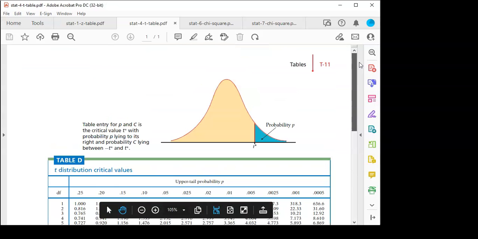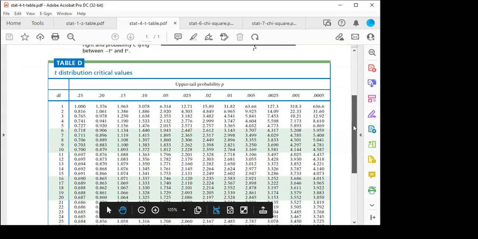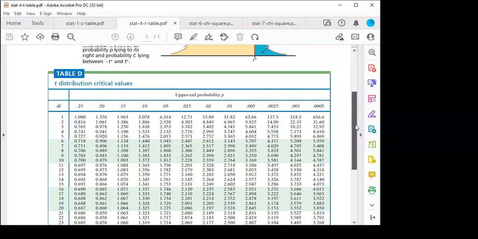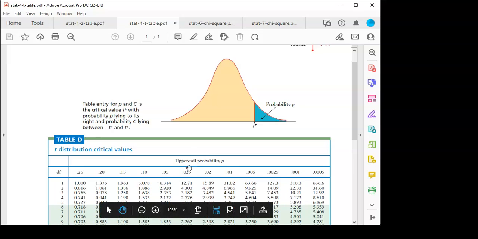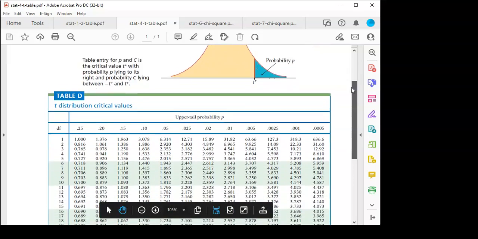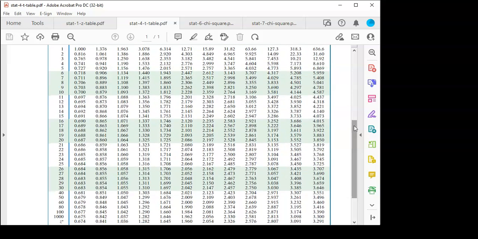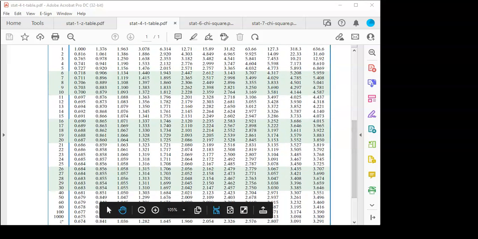So here's a t-table. And 5%, so you have to look up this column. So upper tail is 5%, and then degree of freedom is 29. So what is it? We are looking at 2.045.